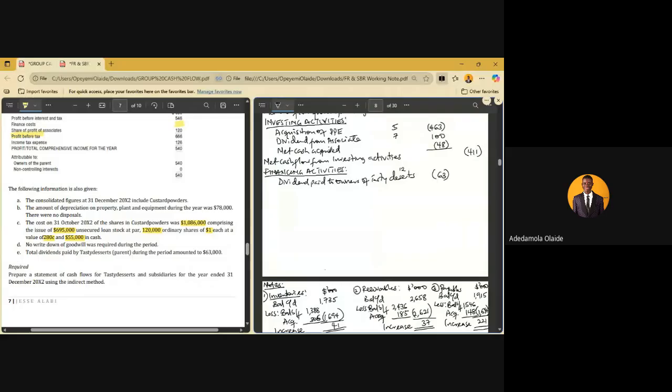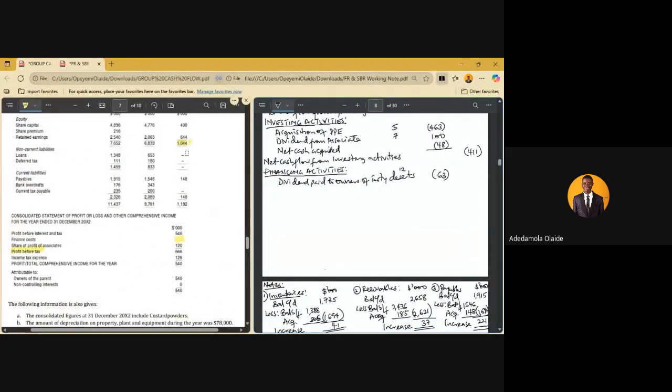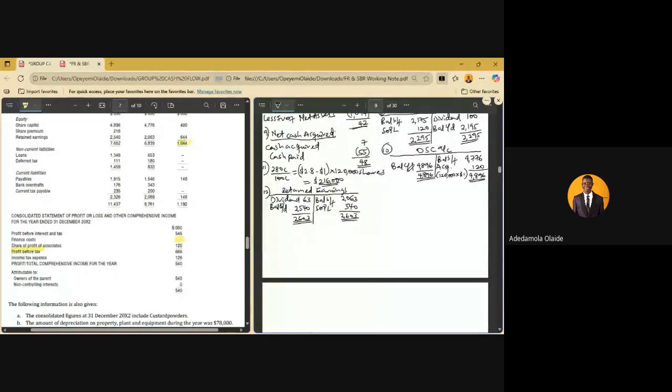And what else do we have? We have loans. Loans increased from 653 to 1348. You go and adjust for it also. Loans account.